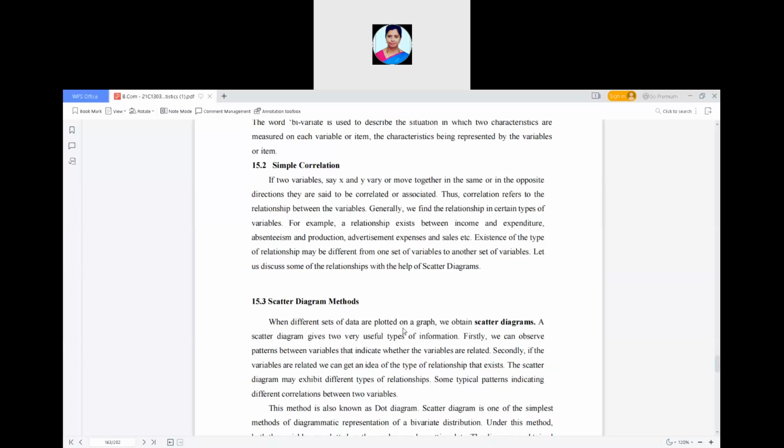Now we are going to see the scatter diagram method. Here, why we are using this method and what it deals with.